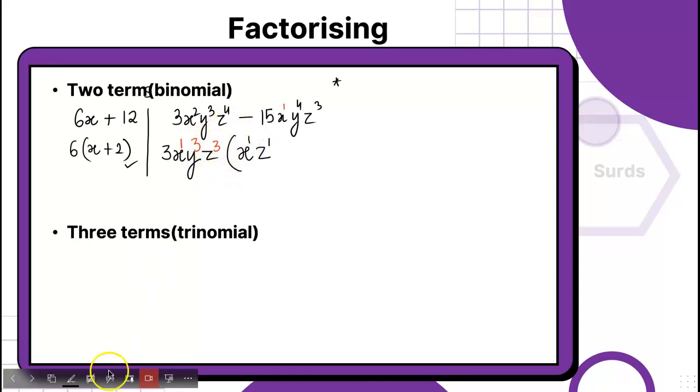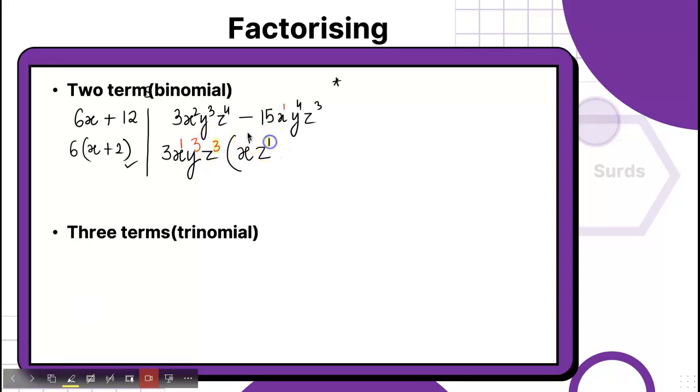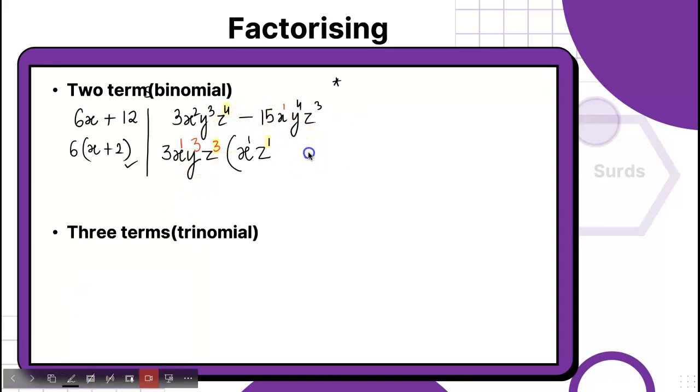Overall, you just need to think that these powers should add up to make the top power. Now, copying down the minus sign. 3 is outside, would be 5. Now x to the power 1 is outside. Y cubed is outside, so we need y1. Z cubed is outside and it was z cubed, so nothing is left.